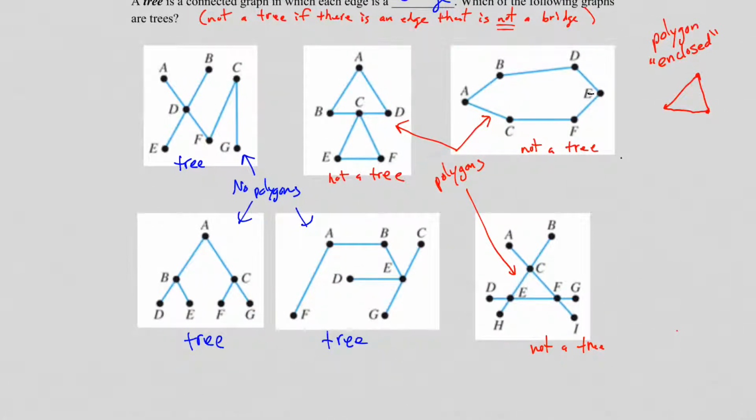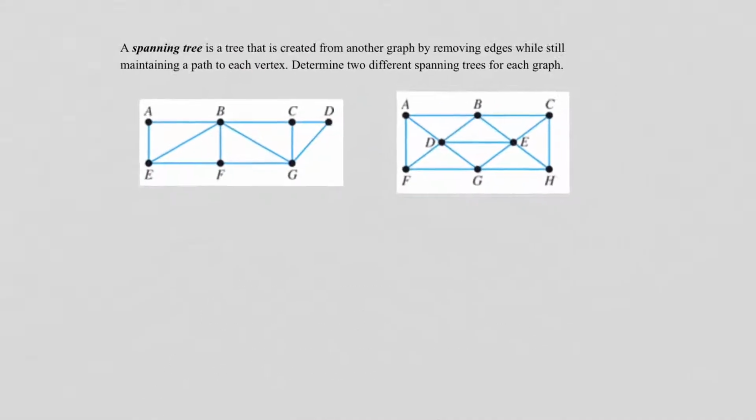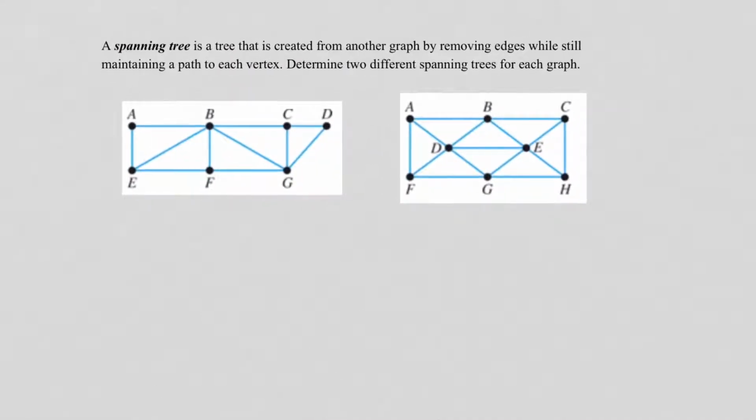Okay, let's go to the next page and take a look at, we have a whole bunch of polygons here, but we can actually edit these graphs to make a tree, okay? And when we do that, it's called a spanning tree.